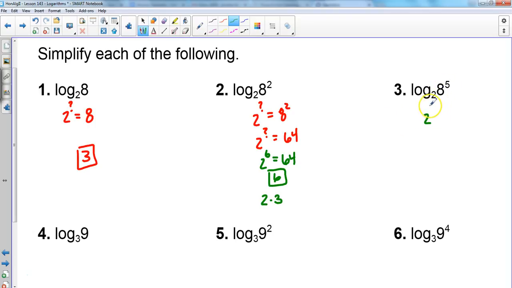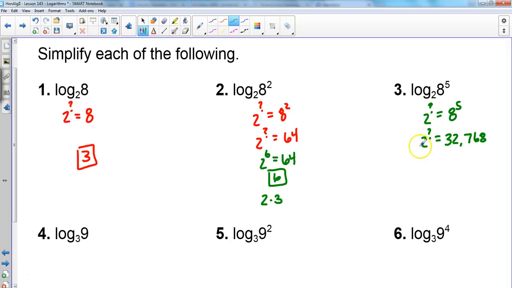Again, it's 2 to the what power equals 8 to the 5th. 8 to the 5th is a pretty big number. So 2 to the what power equals, and we can use our calculator to simplify this just for right now, it equals 32,768.